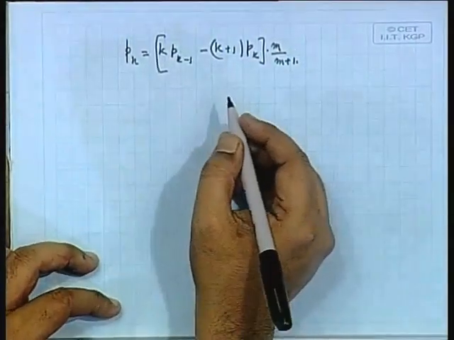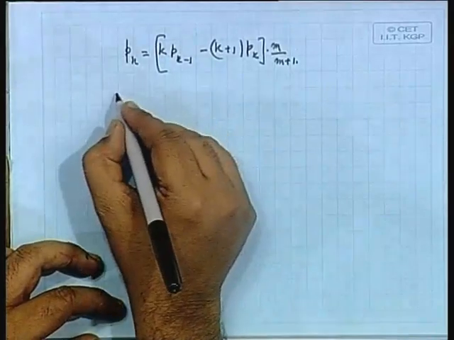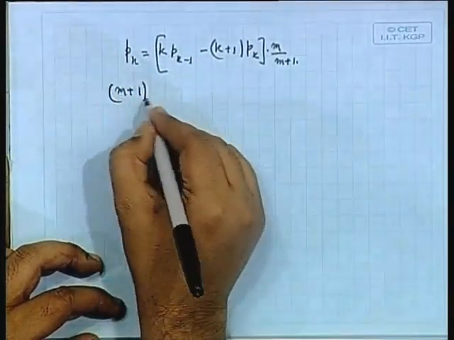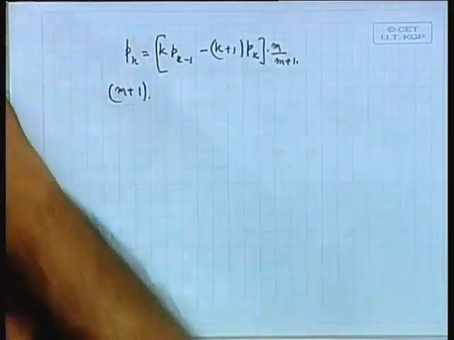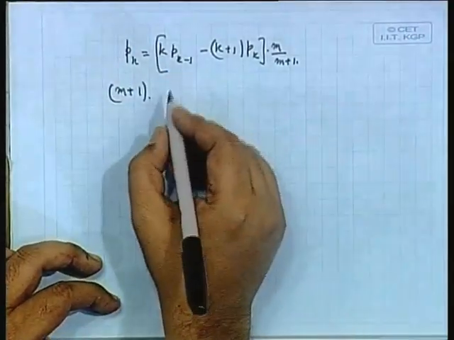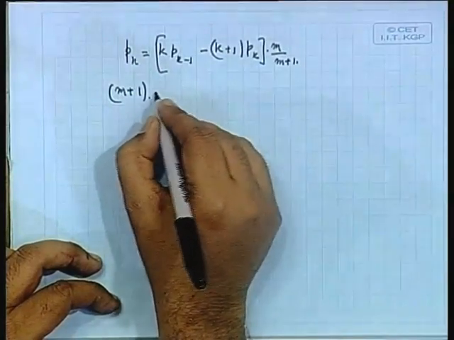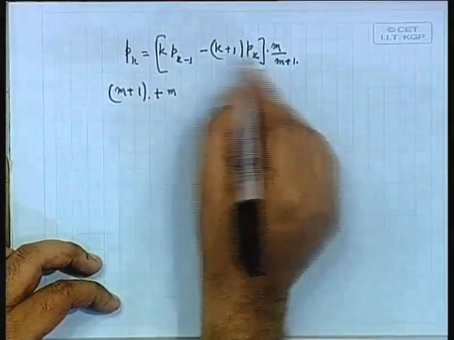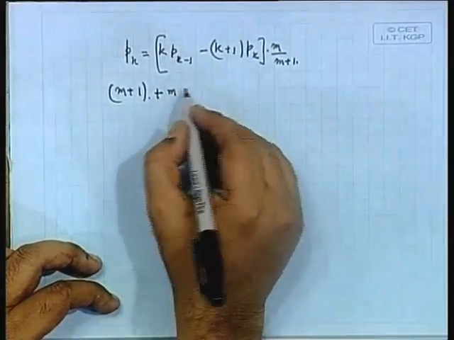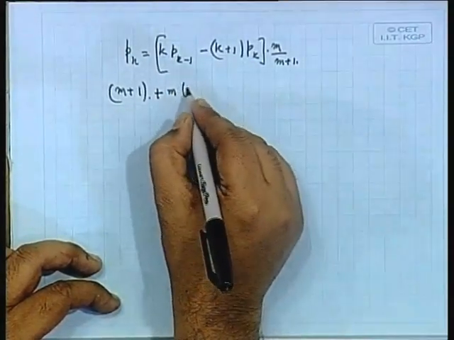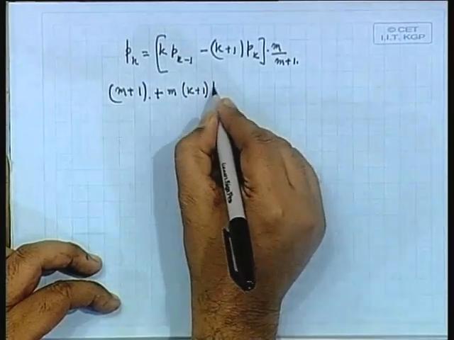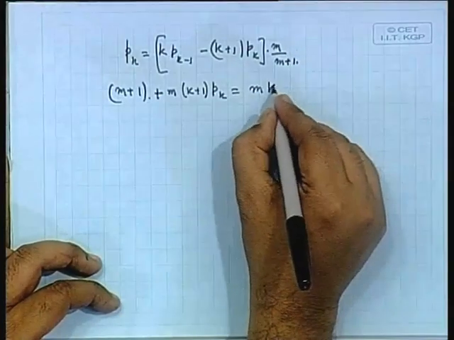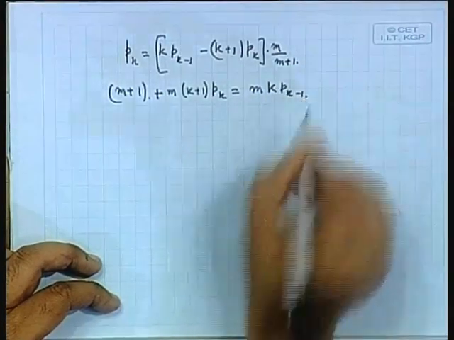So, let us do a little more manipulation. So, you have m plus 1, if you multiply by m plus 1, you can bring m plus 1 here and minus m plus... I am trying to bring all the p_k's to one side: (k+1) p_k is equal to m k p_{k-1}.